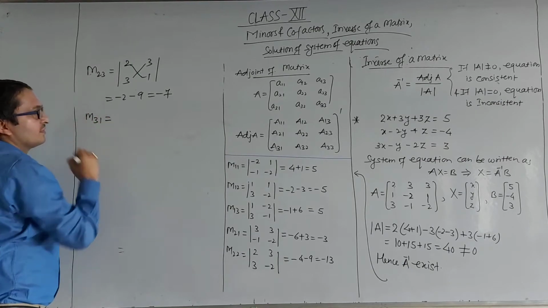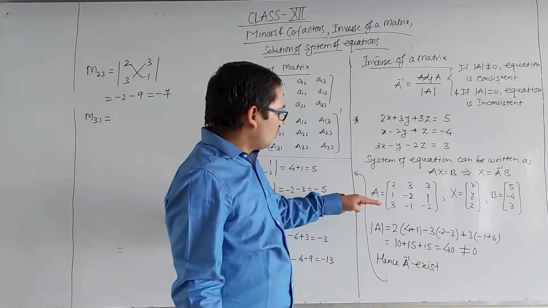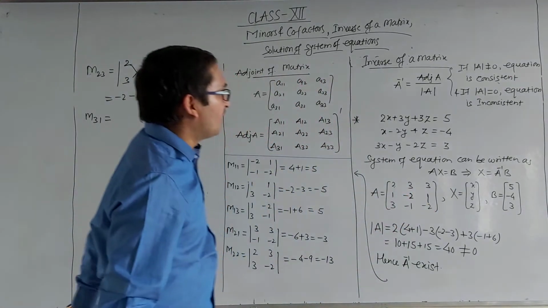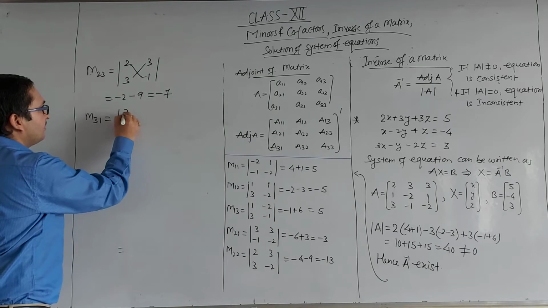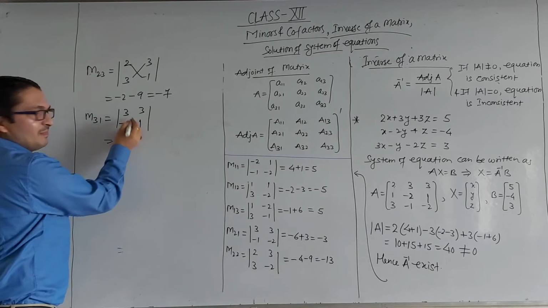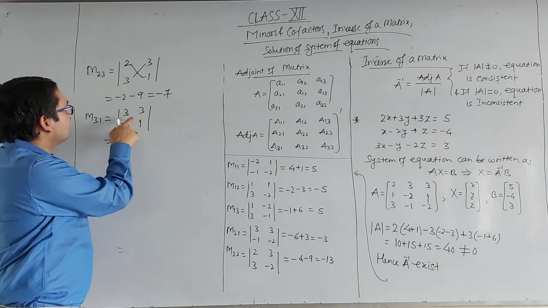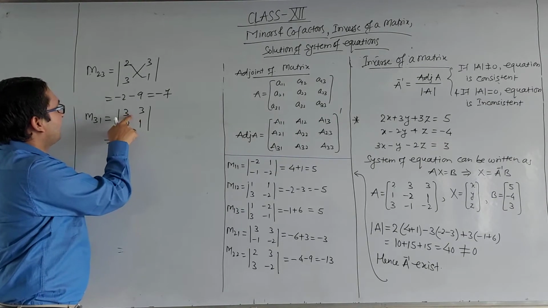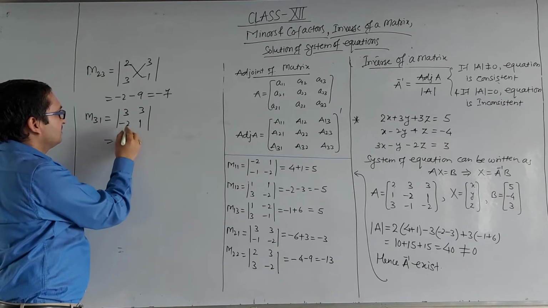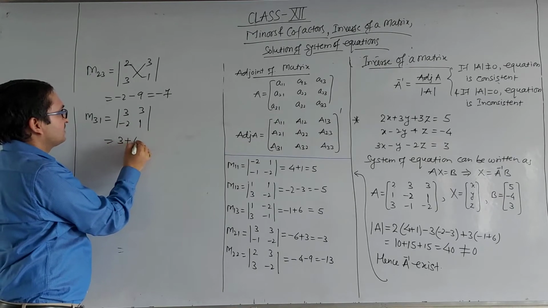M31, third row, first column. So 3, 3, minus 2, 1. Simplify it, cross multiplication: 3 minus 3 into 1, 3 minus 3 into 2 is 6, plus 6, 9.